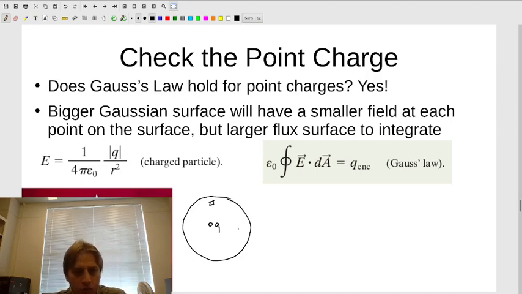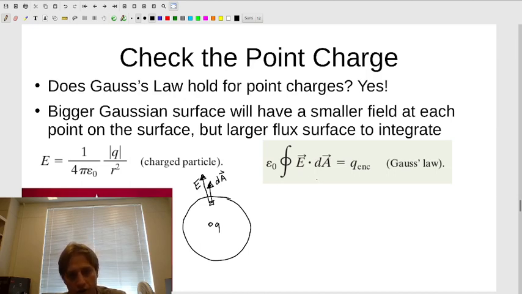Now, because we're drawing a sphere to respect the symmetry of the problem, what we're going to have to actually do is split this sphere into a whole bunch of little areas. Okay? And so the little area vector, there's my dA, is for that small enough surface going to be pointing out just like my electric field vector. Okay, so the electric field vector is pointing straight out, and I've chosen this sphere as my surface just so that I can have the dot product give me a 1.